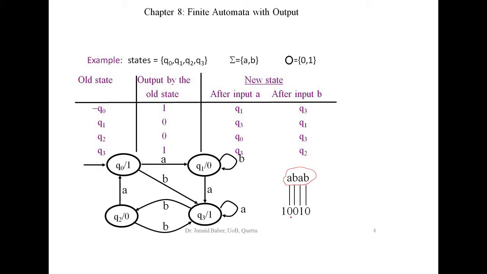In my last lecture I almost forgot that for a given input string we get the output string, but in a Moore machine there is one special output, which is not in the case of a Mealy machine. This gives the extra output, which means it can accept even an empty string. For example, if I give nothing, an empty string, then you will be on the initial state and you will give the output 1.